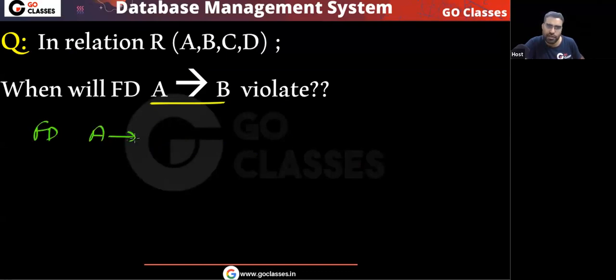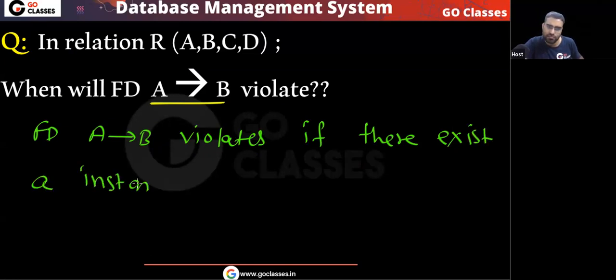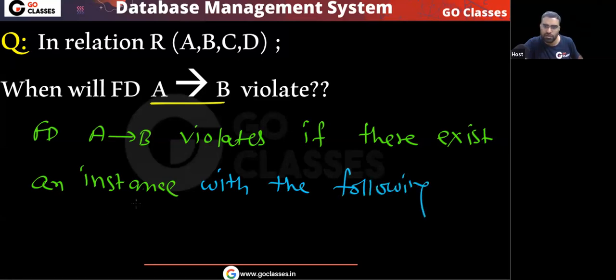This is your FD A determining B. This FD violates if there exists an instance with the following situation.